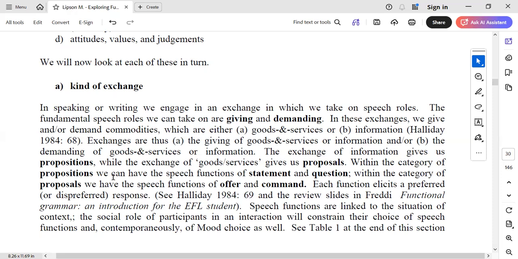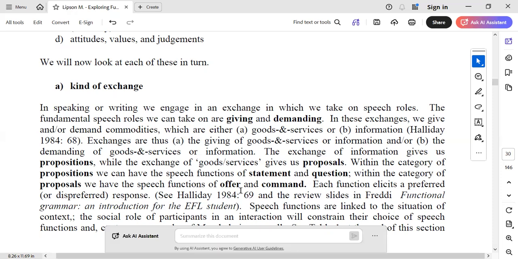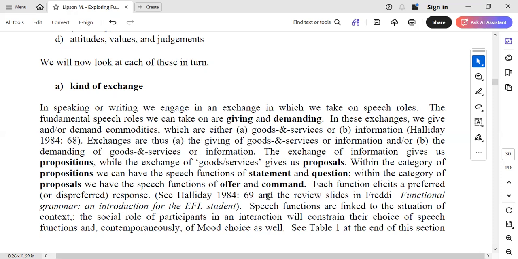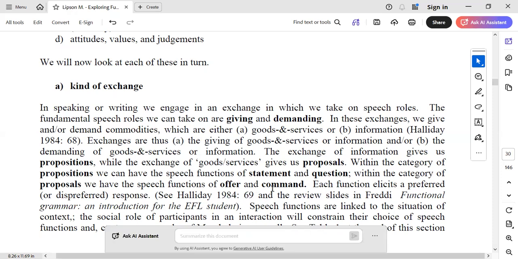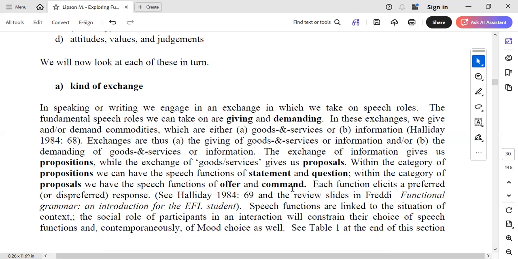Within the category of propositions, we can have the speech functions of statement and question. And within the category of proposals, we have the speech functions of offer and command. Now, what do you understand by this? Can anyone make a guess about that? What does that mean? Like you are giving commands.